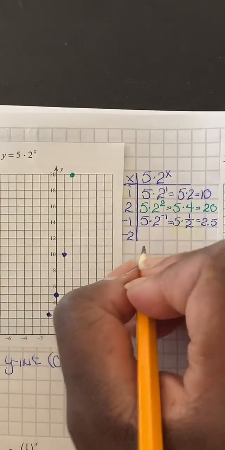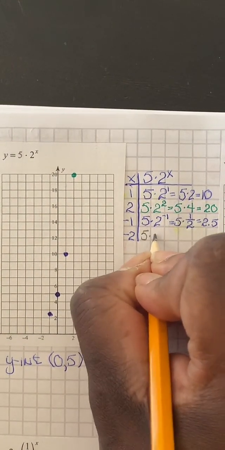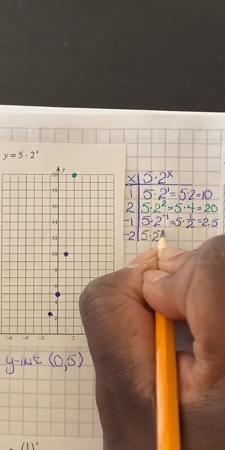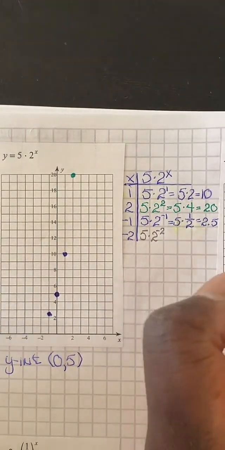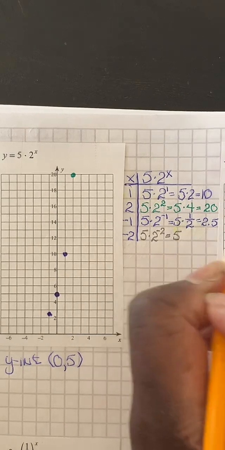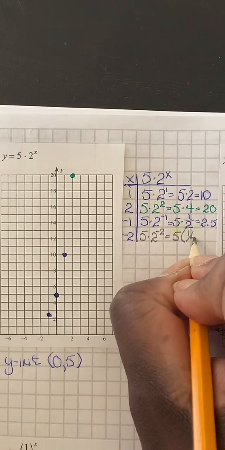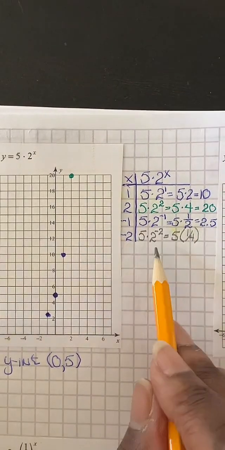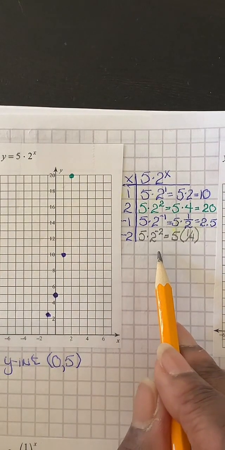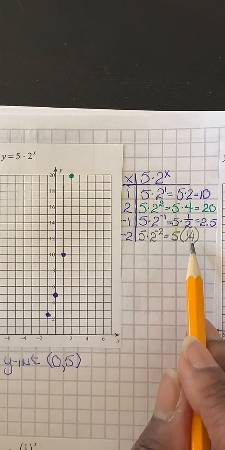It's crazy. So for negative 2, it's 5 times 2 raised to the negative second power. That means it's going to give me 5 times 1/4, because if I flip this, it's going to be 1 over 2 squared. And 2 squared is 2 times 2, which gives me 4.